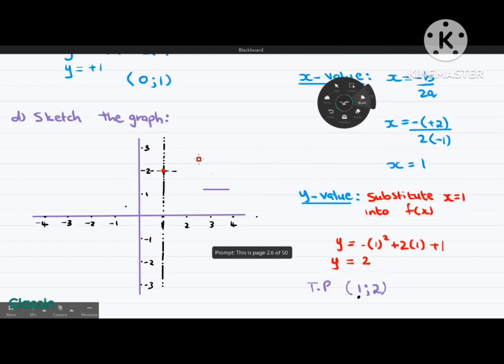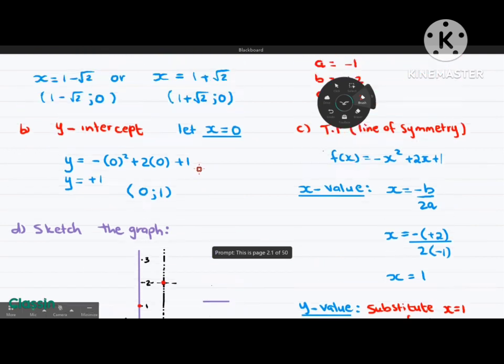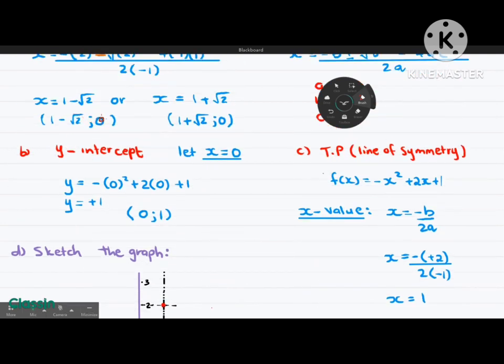Our y-intercept is 0 and 1, therefore we need 1. 1 will be somewhere there. And then, when you calculated the x-intercept, the first one was 1 minus root of 2. And 1 minus root of 2 is the same as x equals negative 0.4.